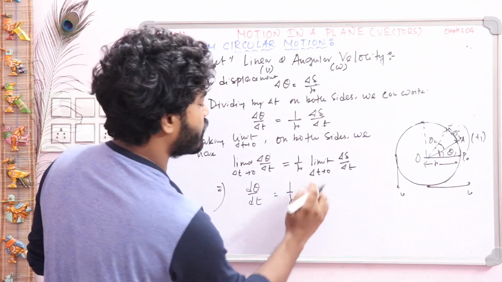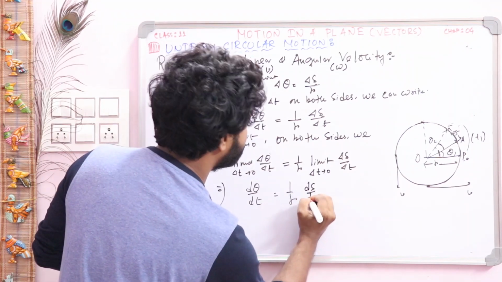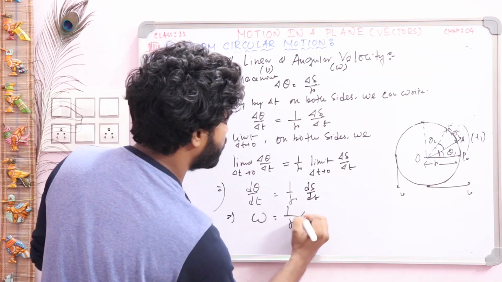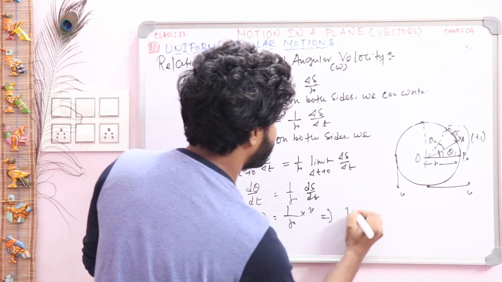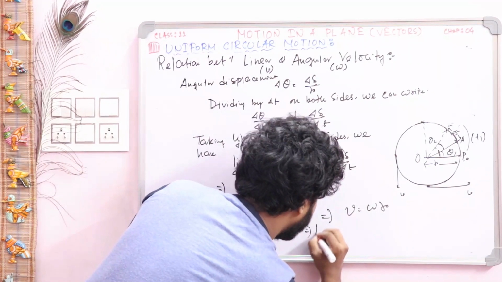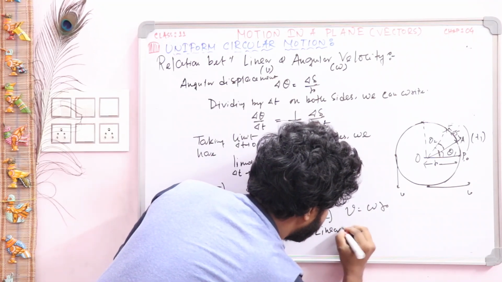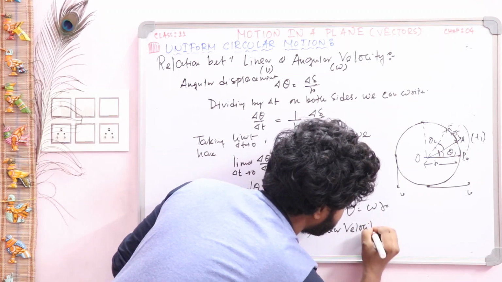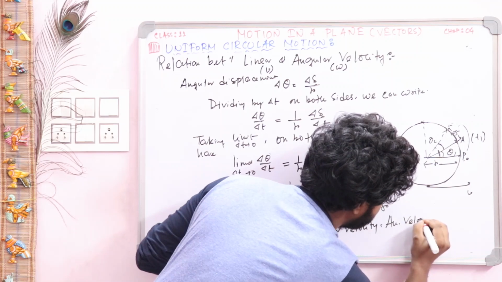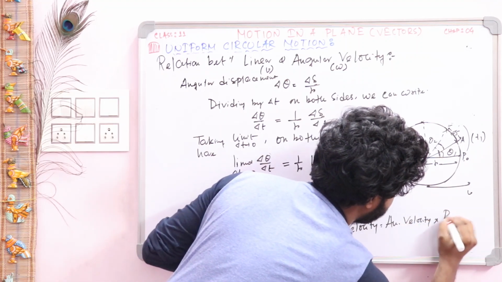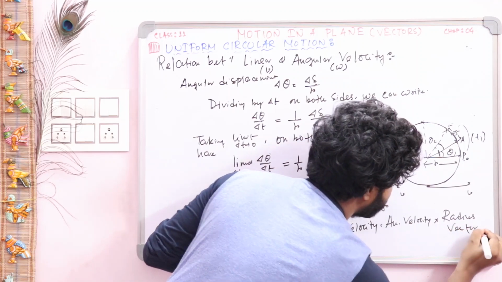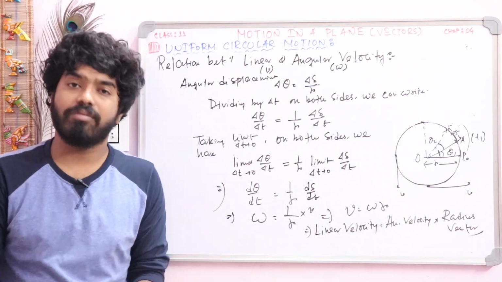Write it down, this one is ds by dt. So this one is omega, this one is 1 by r, and this one is v. From here you can say v is equal to omega into r. So linear velocity, write it down, linear velocity is equal to angular velocity into radius vector. This is the relation between linear and angular velocity.